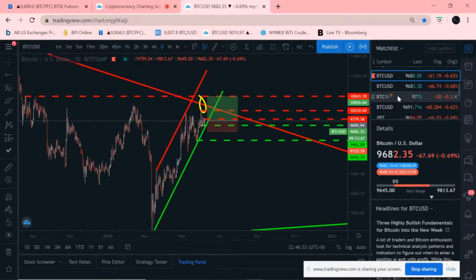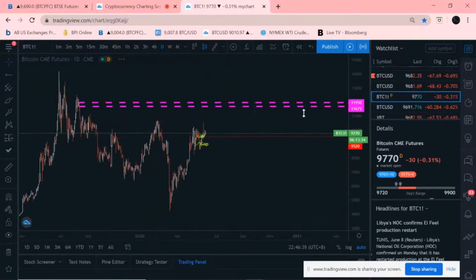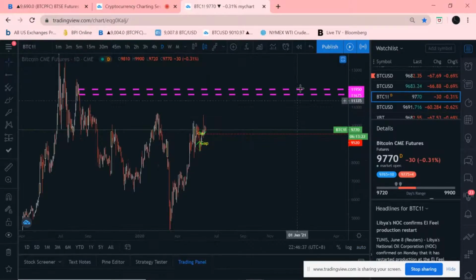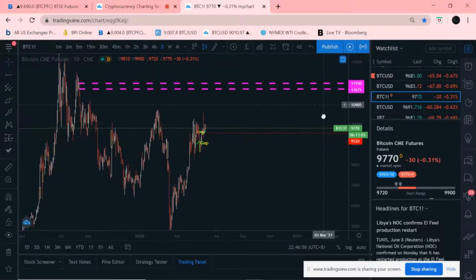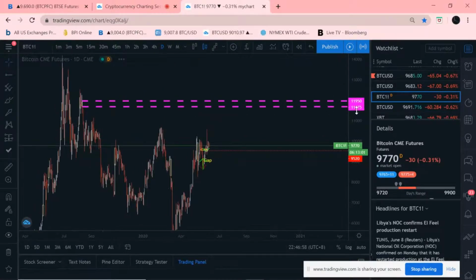because there is a gap that is not yet filled, this area. So watch out, if it breaks this area, around 10,500, it could possibly go and retest this around 11,000 area. The unfilled gap in the CMC exchange is 11,675 to 11,950.